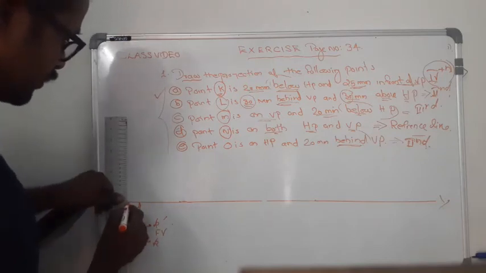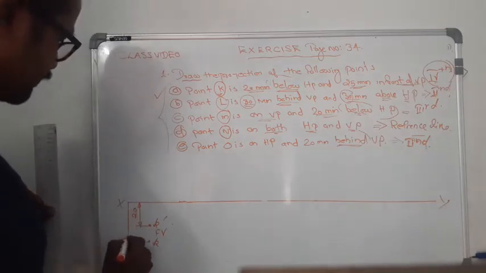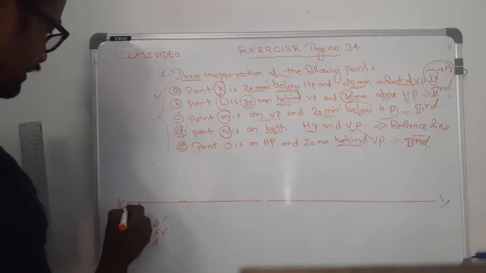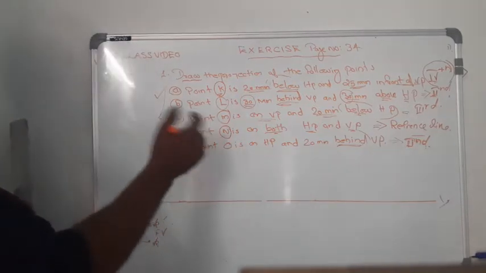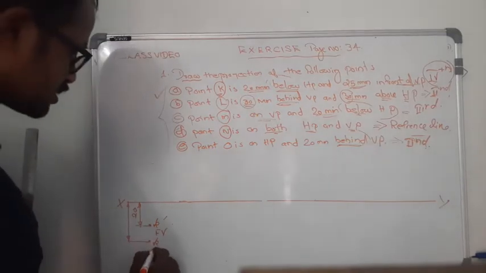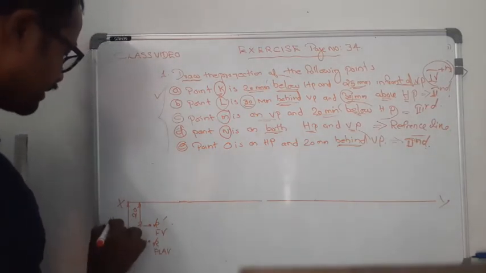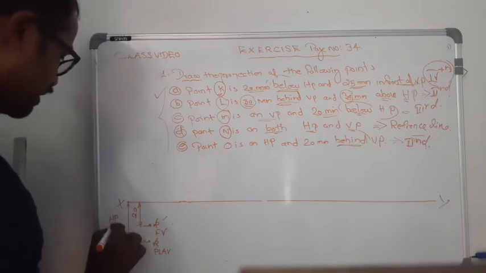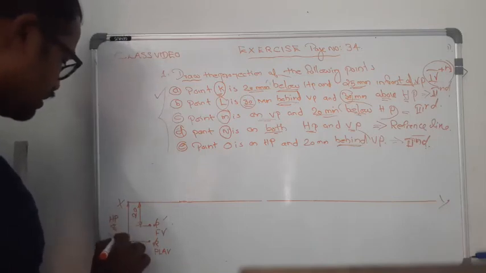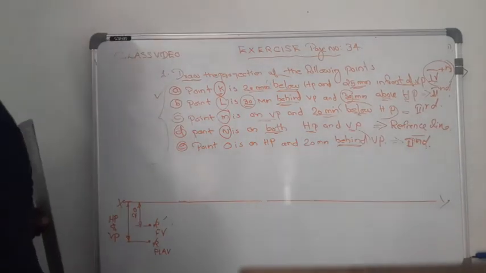Because while we are projecting its plan on HP and rotating in clockwise direction, at that time HP also comes below the XY line. So this is the plan. Both HP and VP come below the XY line, as in the case of the fourth quadrant.